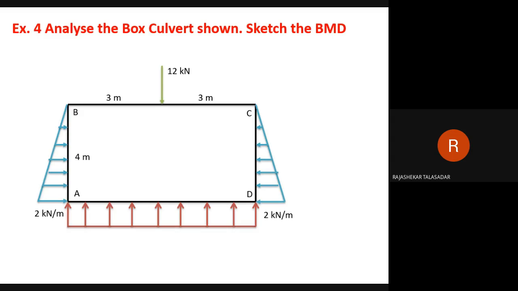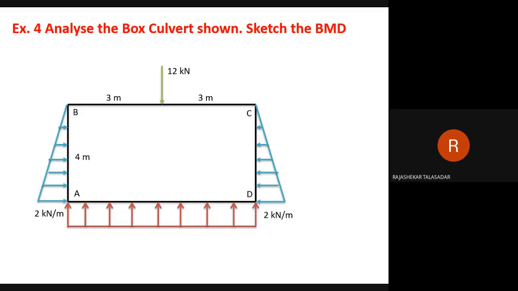Have you seen some small nalas? While crossing the nalas, there will be a road above and below there is a water passage. Water will flow through some pipes. Have you seen that? Those are called pipe culverts.